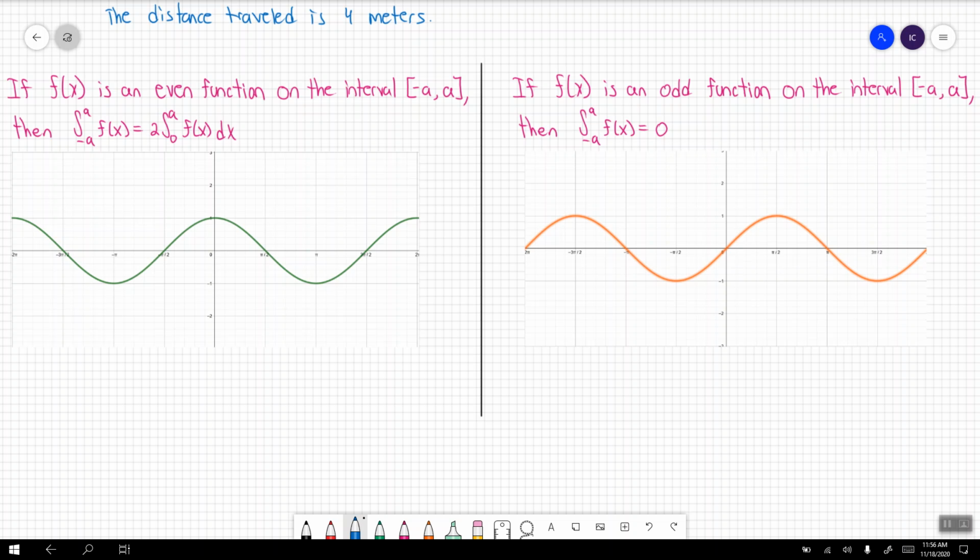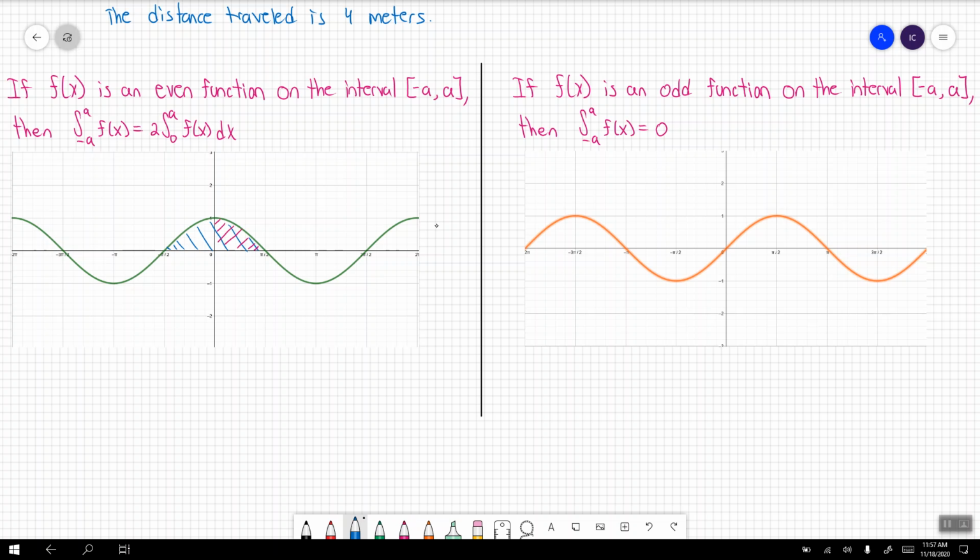Because we know an even function is going to be symmetric along the y-axis, then if we're trying to find the area underneath the curve for an even function, where we have the left bound being the negative version of the right bound, then by symmetry, we're going to have double the amount of area as if we were just to integrate from 0 to that value of a.